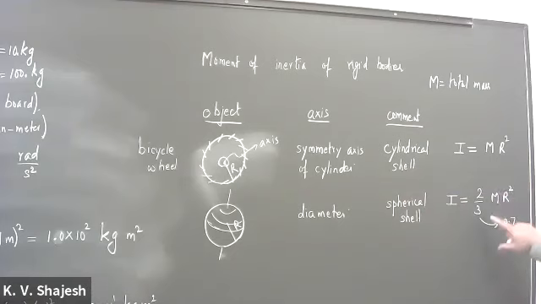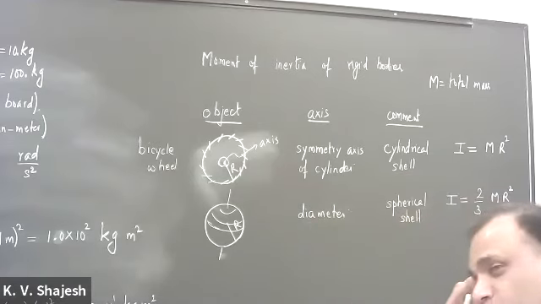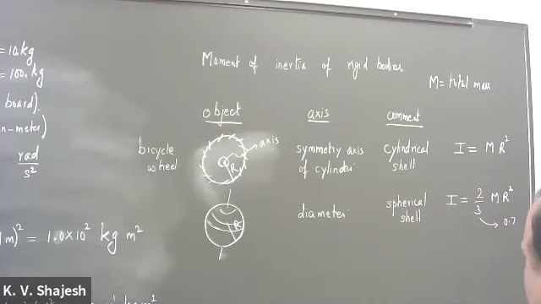At this point, we will just accept that the moment of inertia is decided by the geometry of the object. It's 2 by 3 times MR squared, pretty much like the volume of a sphere is 4 pi by 3. Similarly, we will have to remember this.